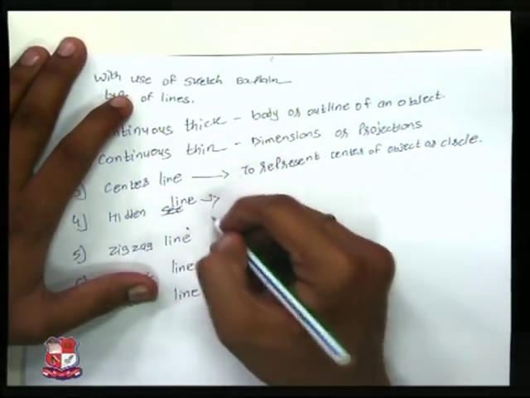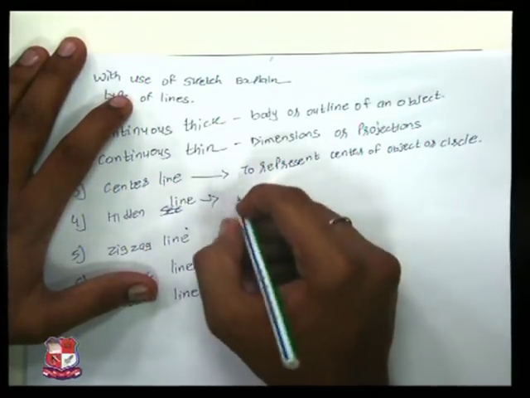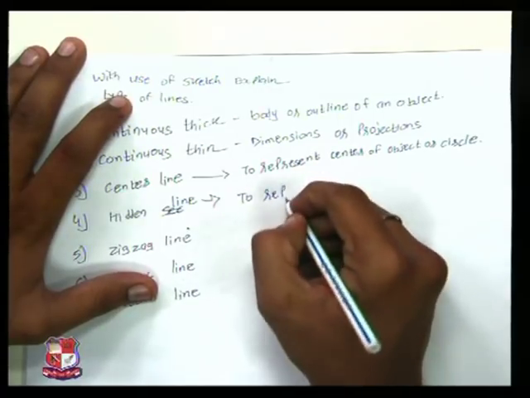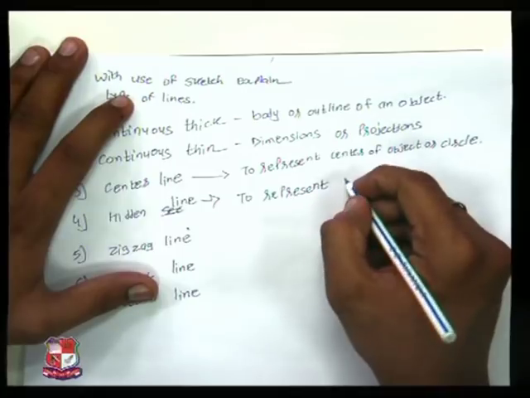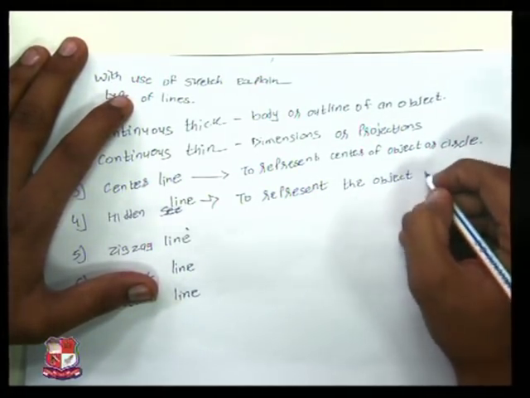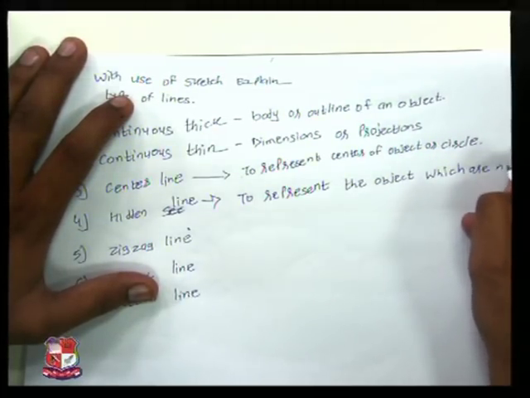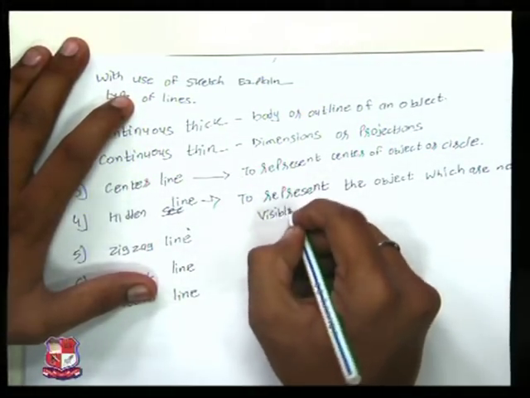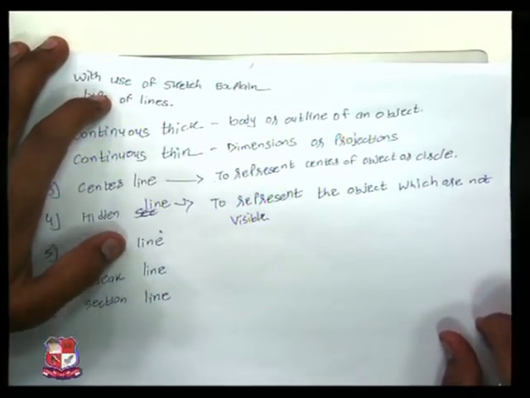Hidden line, to represent the object which is not visible.